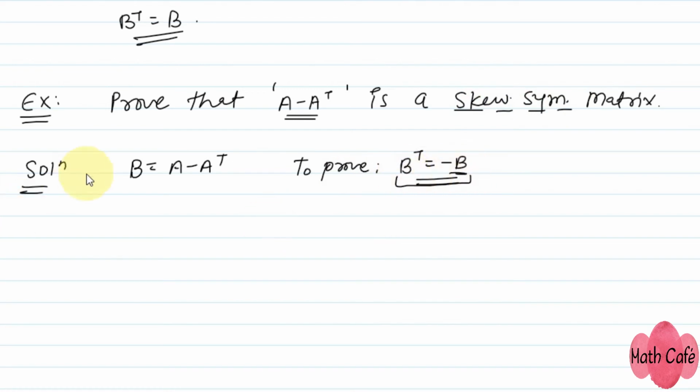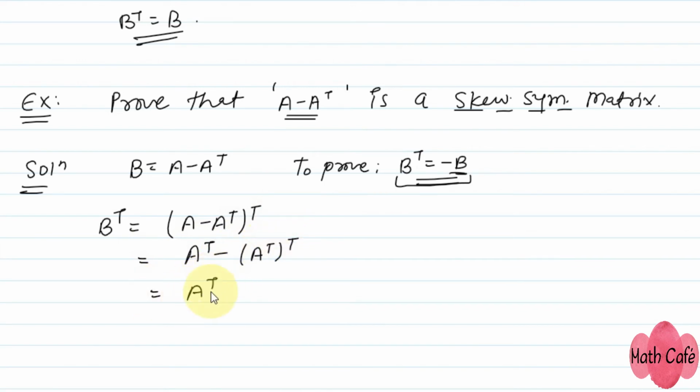Alright, so let's find B transpose, that will be equal to A minus A transpose whole transpose. I will solve this expression as A transpose minus A transpose again transpose. So A transpose will be as it is, minus A transpose of transpose will become A. If I take minus common from these two expressions, that will become minus of A minus A transpose.